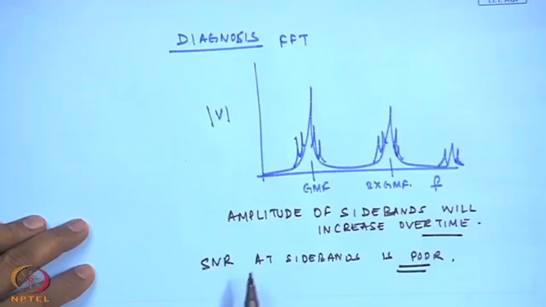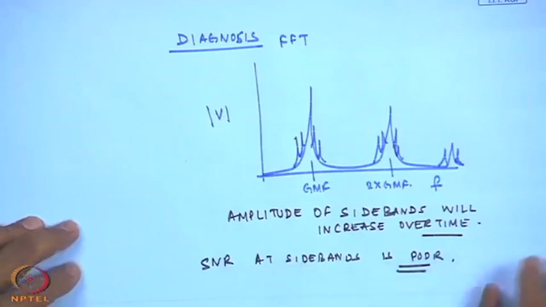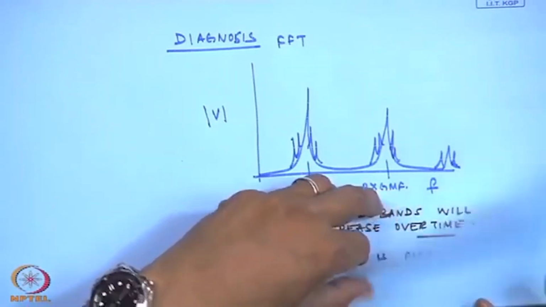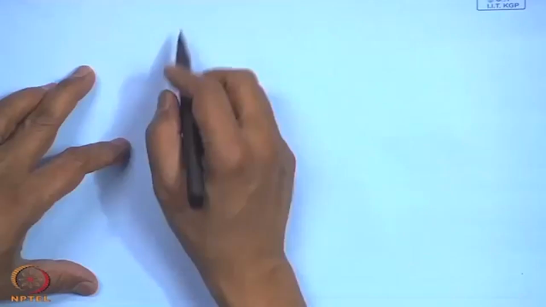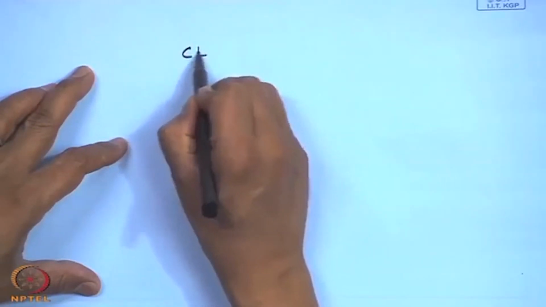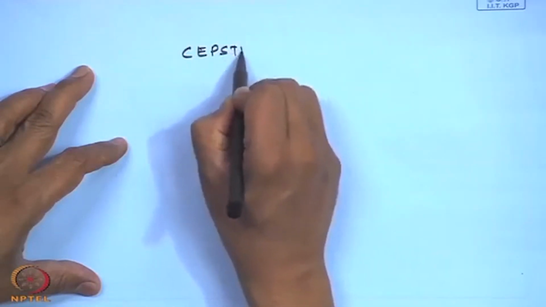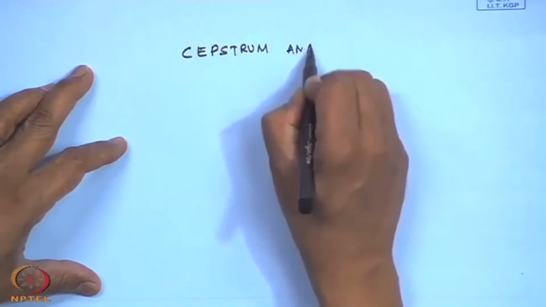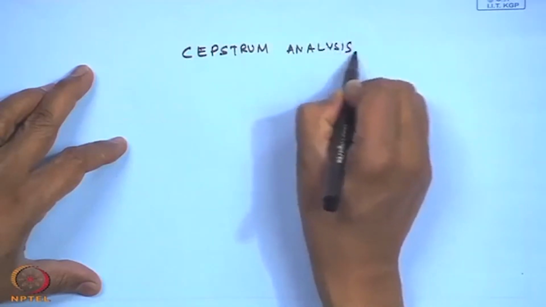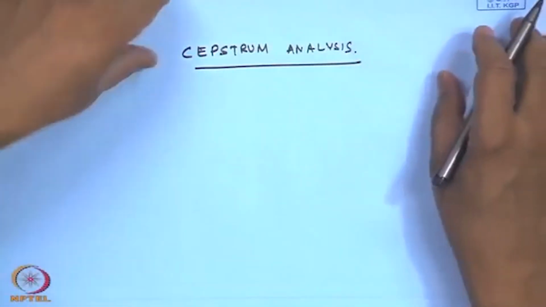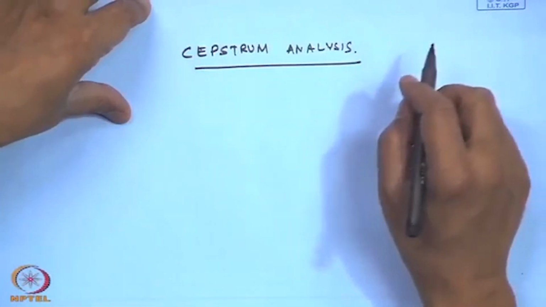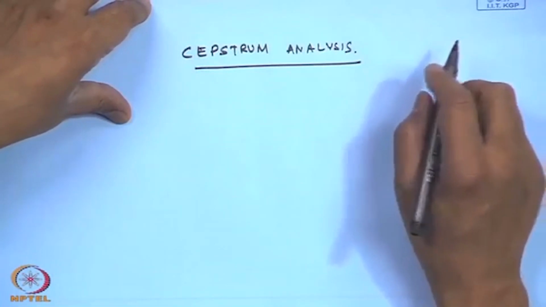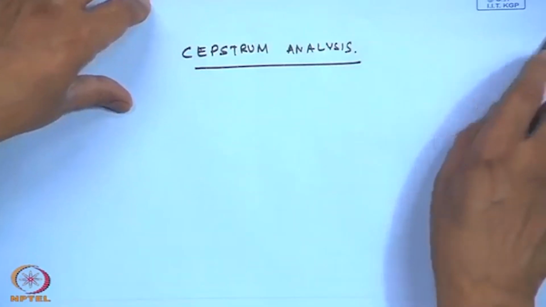So, we have to find an improved signal processing technique to detect such sidebands, and that is what is known as the cepstrum analysis. We had an entire class on cepstrum analysis, and there also I believe I had covered the gearbox signal fault detection. I will give you some examples.